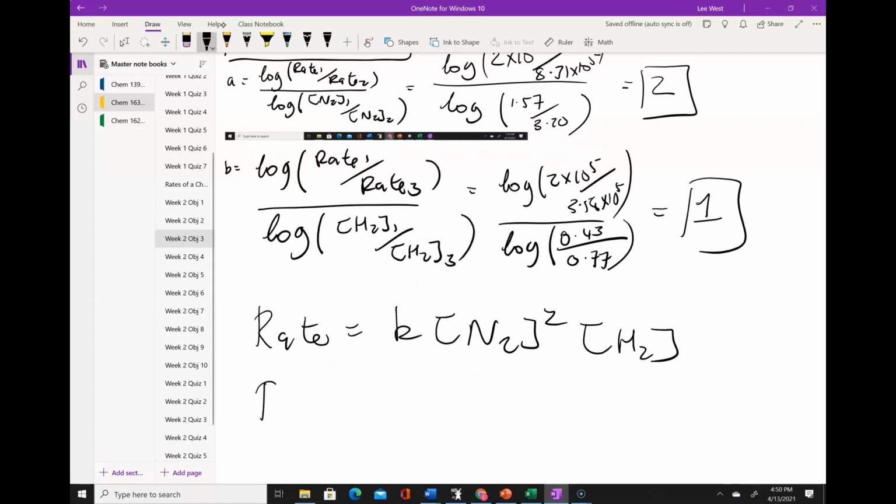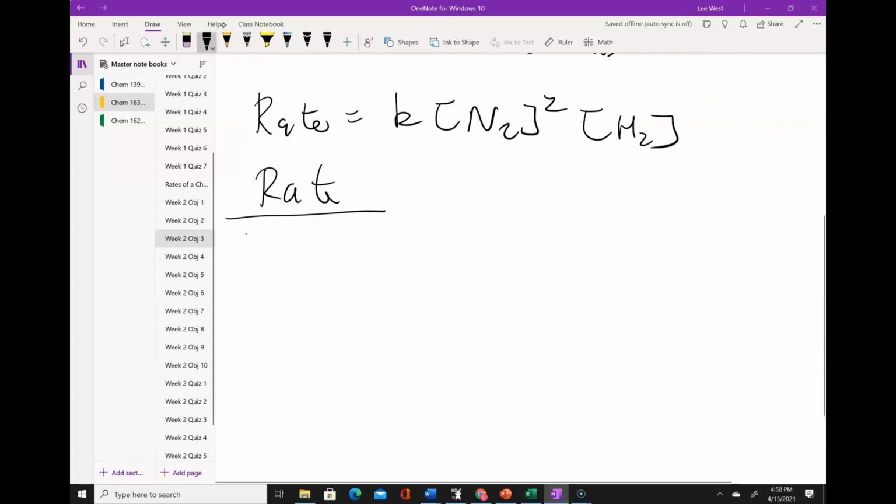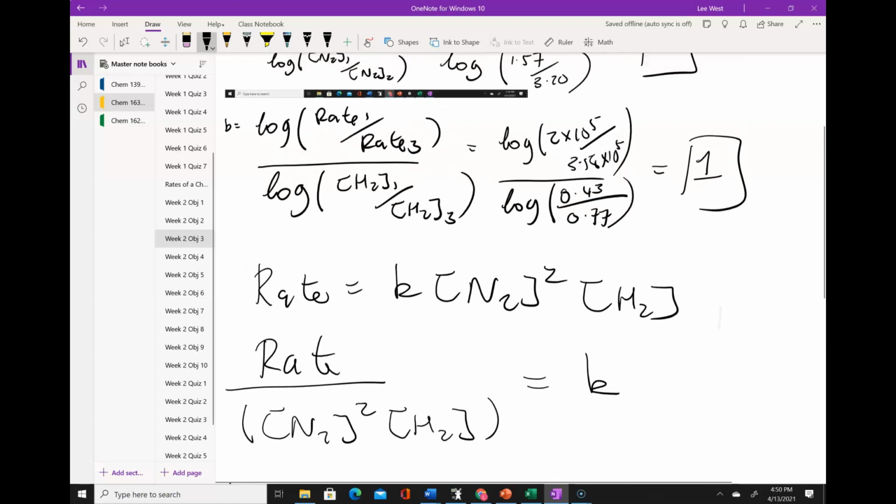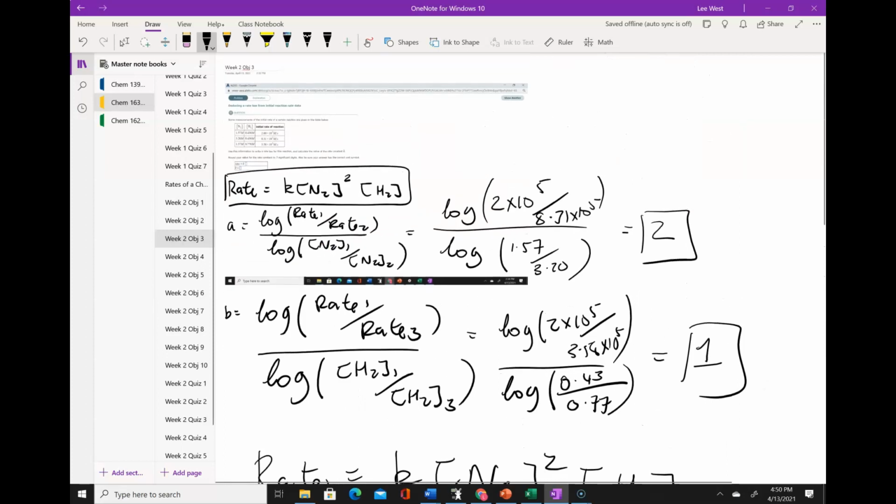So that means that the rate divided by N2 squared multiplied by H2 will equal K. So I always pick the data for the first example. All right, so in the first example, here are my numbers.